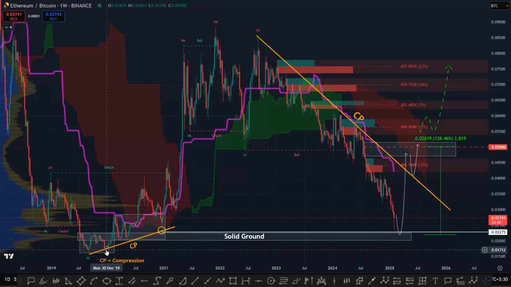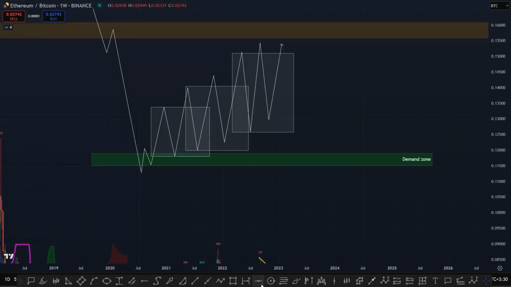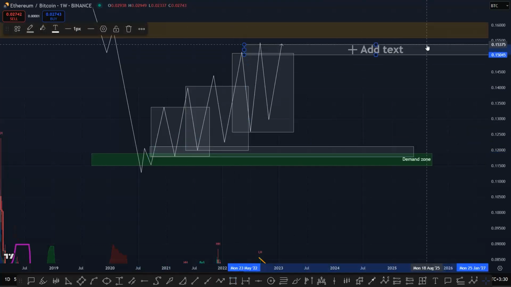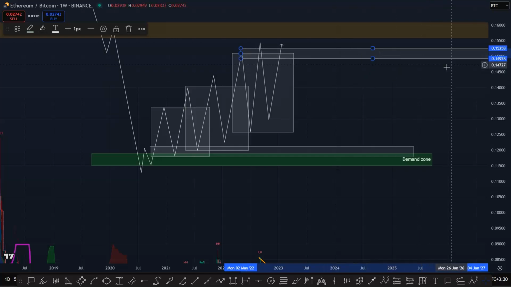In the first block of the CP, this kink will be important for me. At the end of the CP we have a PCP zone, and at the beginning of the CP we have an ECP zone. These two important zones act as a solid ground for us.